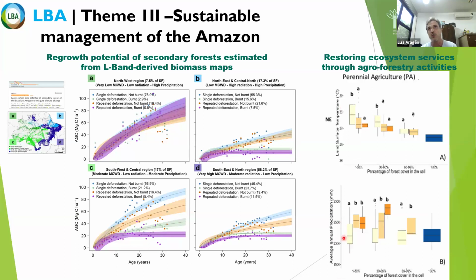And also with rainfall, you increase the rainfall in these highly deforested areas, and of course in the other categories of deforested area as well. So we can really introduce our knowledge to recover these ecosystem services.